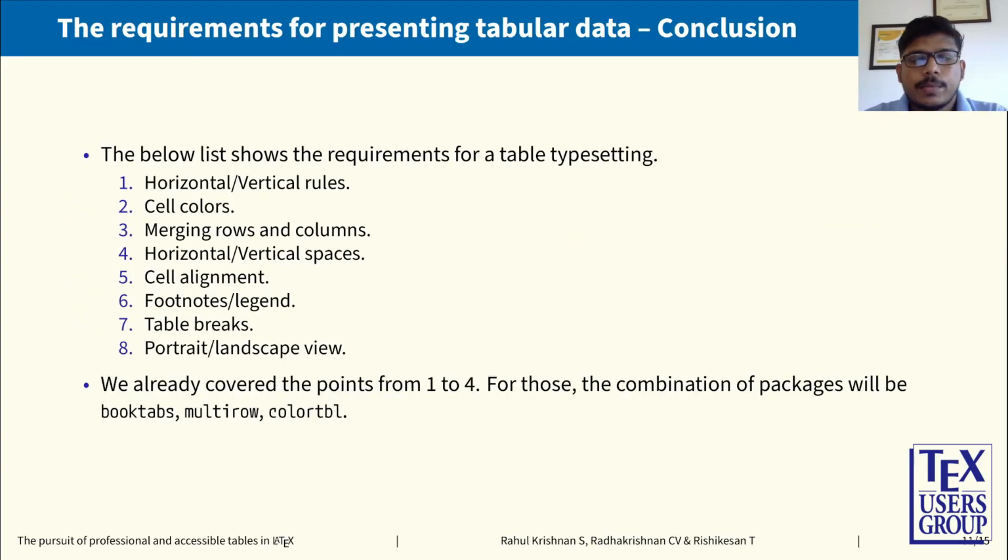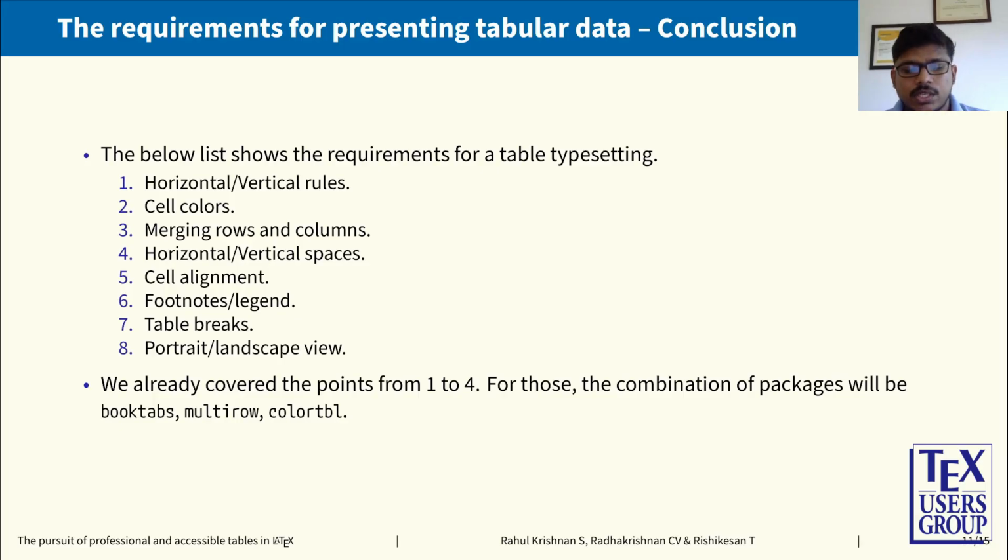So coming to the conclusion, the requirements for presenting tabular data are listed here: horizontal and vertical rules, cell colors, merging rows and columns, and horizontal and vertical spaces. By using these booktabs, multirow and colortbl packages, I think we have already covered that.